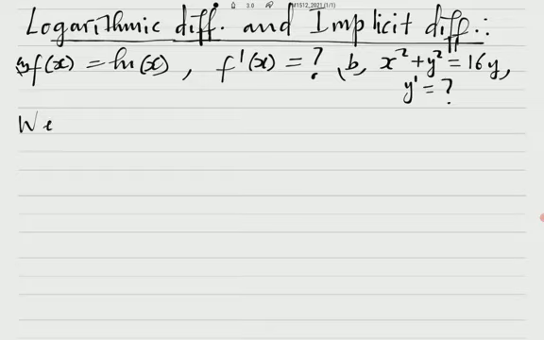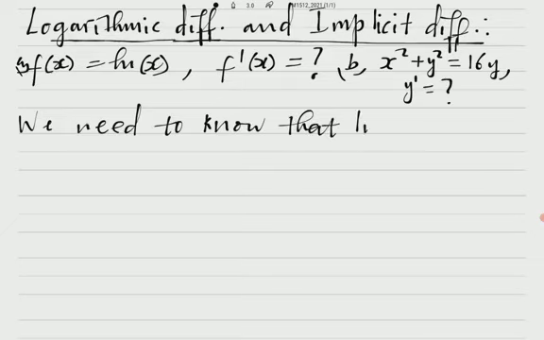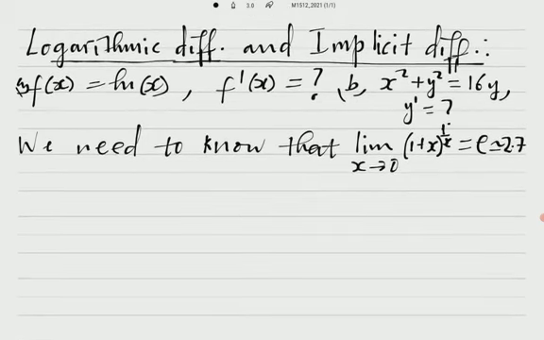By now you need to know that the limit as x goes to 0 of (1 plus x) to the power 1 over x is nothing but e, which you remember last time we said is very close to 2.7, with other numbers there, roughly 2.7.